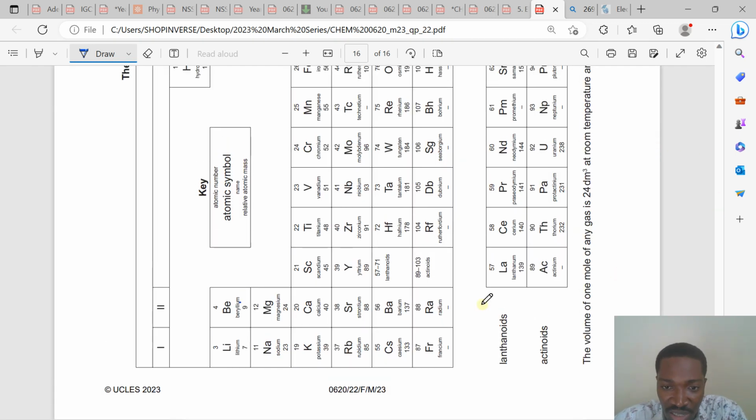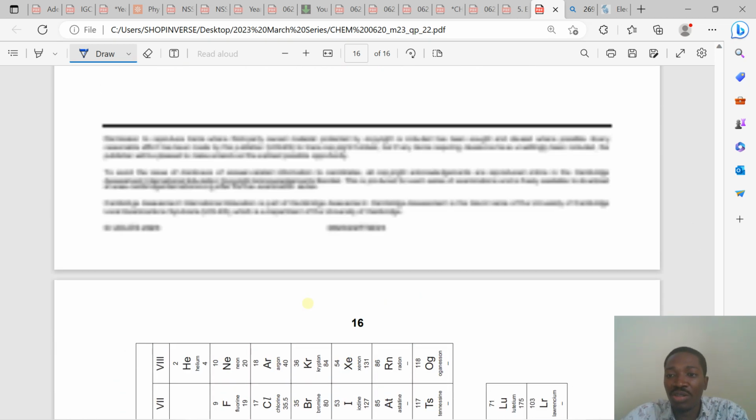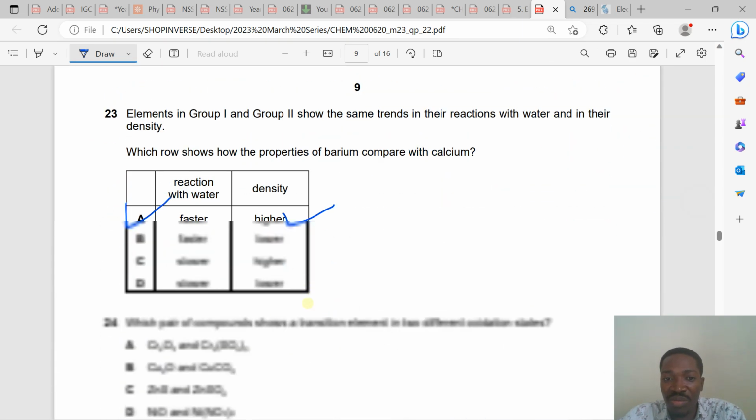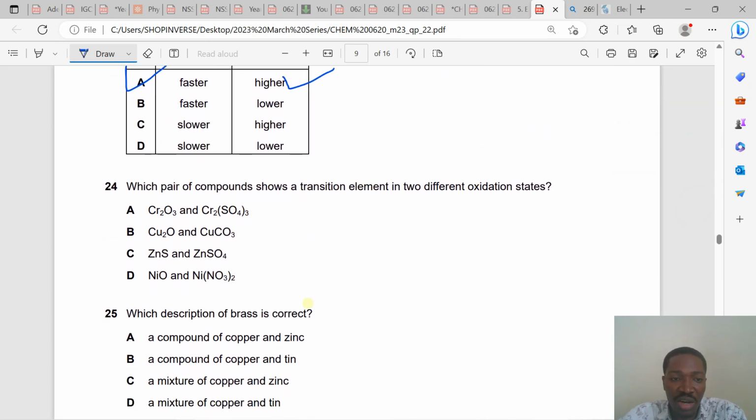Take note that the relative atomic mass of the element is higher at the bottom. You can even read it here: the relative atomic mass of barium is 137, while that of calcium is 40. So it is far higher, and barium is far denser than calcium. So barium is denser and it also reacts faster than calcium.